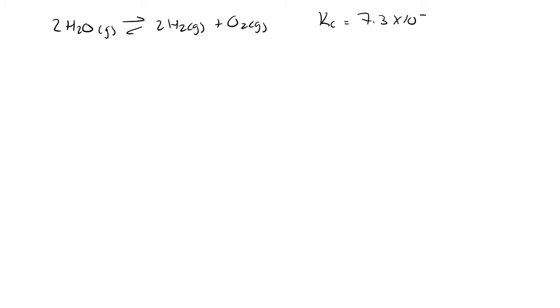It's a really small Kc value, like really small. A reaction is set up at this temperature, so let's set up our RICE table. R, I, C, E. The initial concentration of H2O is 0.10. Our products are 0.0.